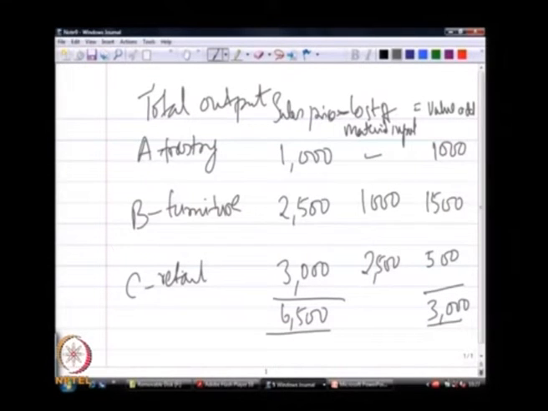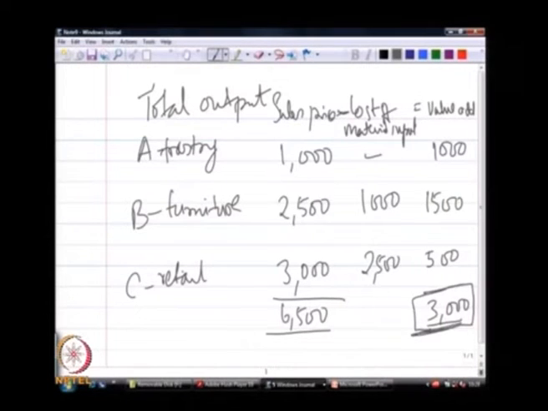As I told you before, this 6500 captures the intermediate goods more than one time, as a result of which there is double counting. To eliminate this, if we are just capturing the value add at each stage, then we are doing a correct estimate of calculating the actual output, which in this case is 3000.